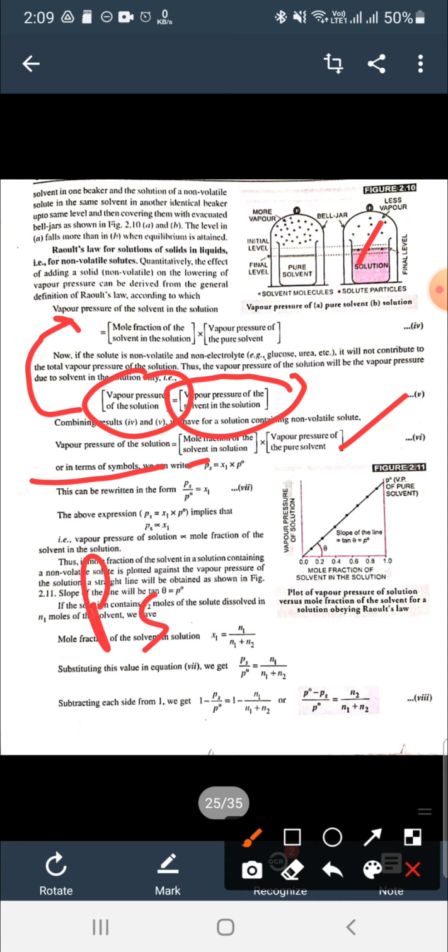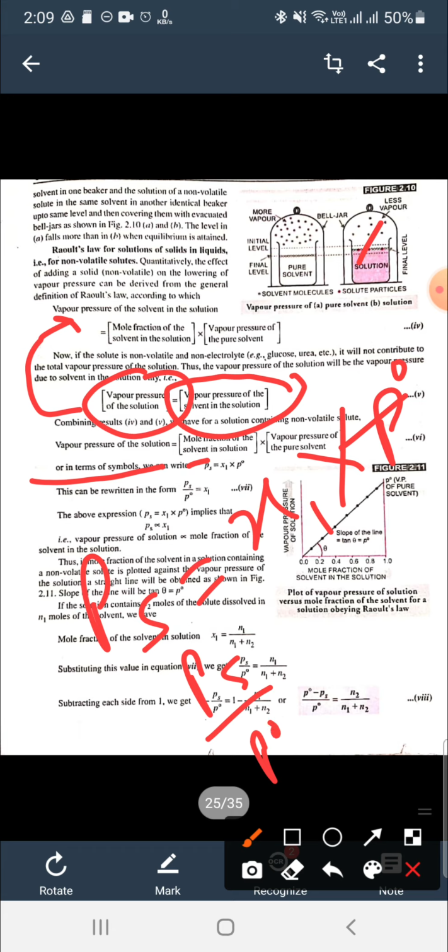So you can write PS as the vapor pressure of the solution, X1 as the mole fraction of the solvent, and P naught as the vapor pressure of the pure solvent. We will rearrange it: PS upon P naught is equal to X1, where X1 is the mole fraction.